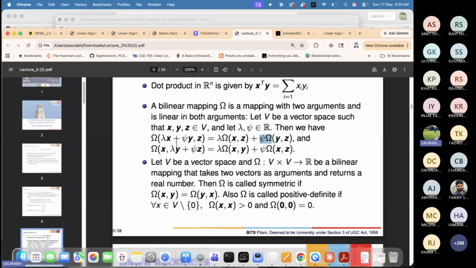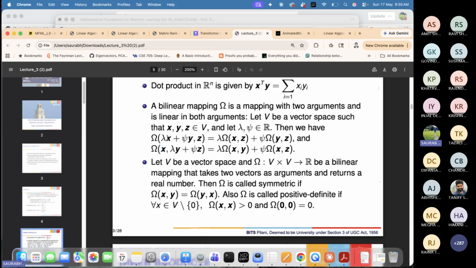So this is the first part. In the first part, we are first scaling the vector and then taking the inner product. While in the second part, we would scale the other vectors, let's say y and z, and then take the dot product with x.